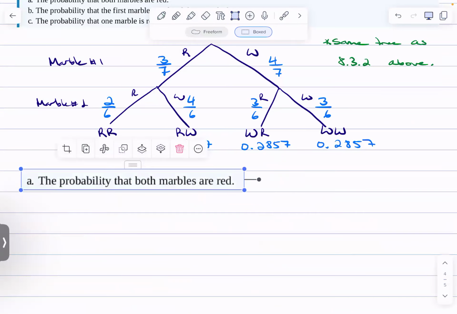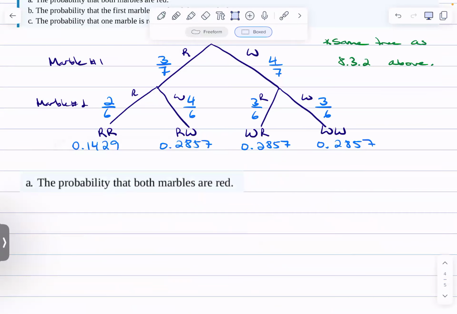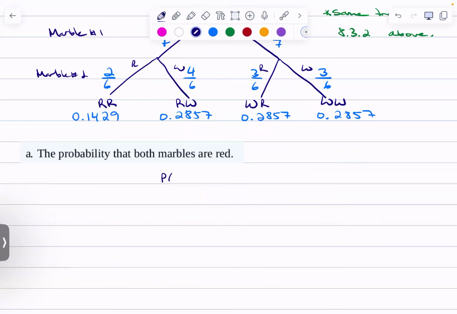They love this question. The probability that both marbles are red. We've answered that like 3 times already. The probability of red and red, 0.1429.